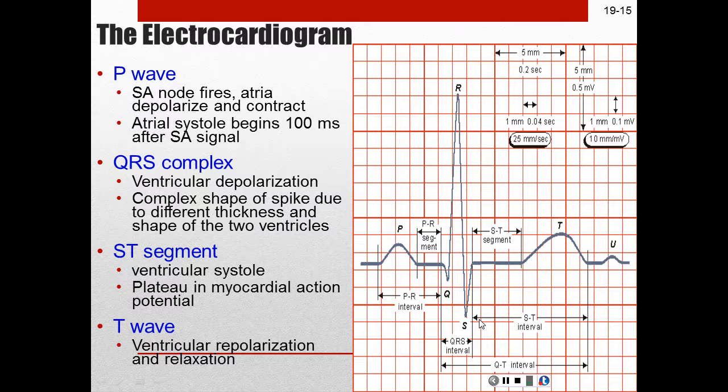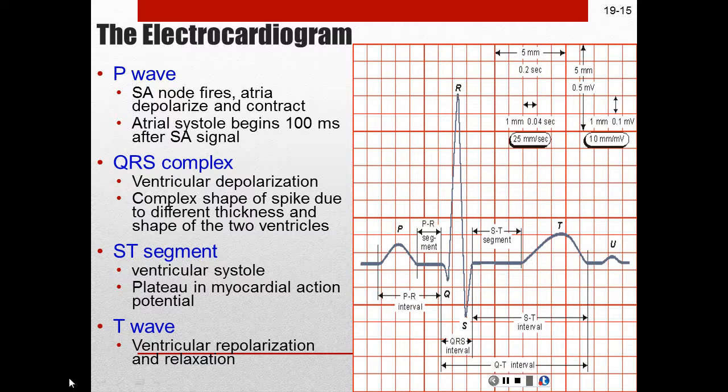Its shape is due to the different sizes of the 2 ventricles and the different times required for them to depolarize.